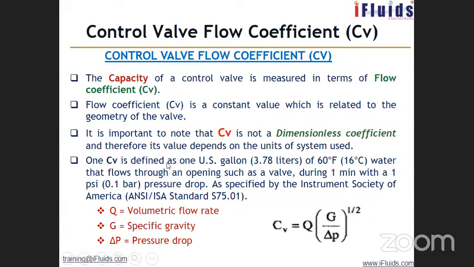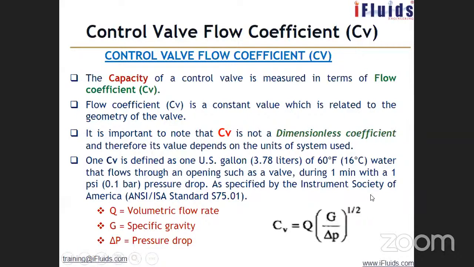How do you define CV? When you pass 1 US gallon, which is 3.78 liters, of liquid at 60 degree Fahrenheit or 16 degree centigrade, that is water, through an opening of such a valve during 1 minute with 1 psi pressure drop. So this is the definition.